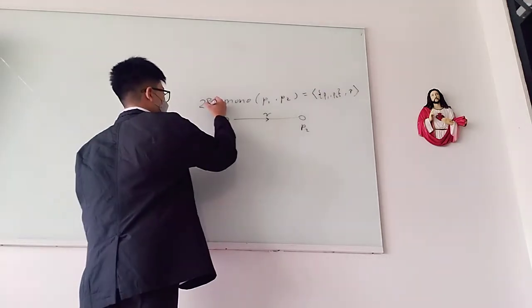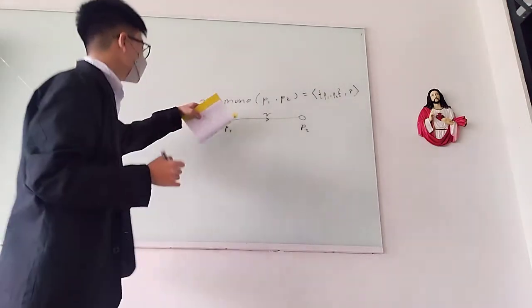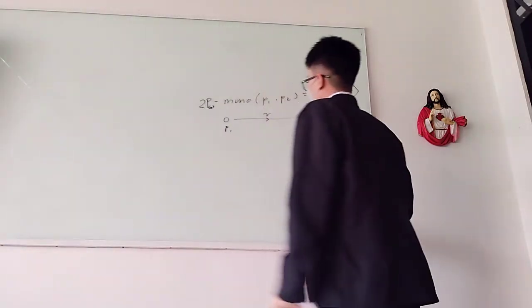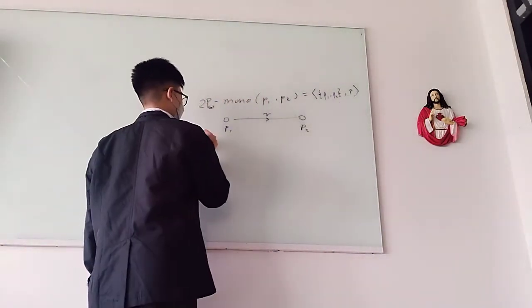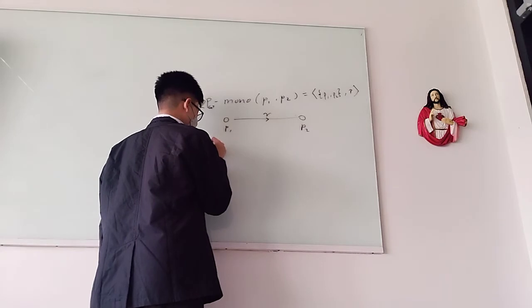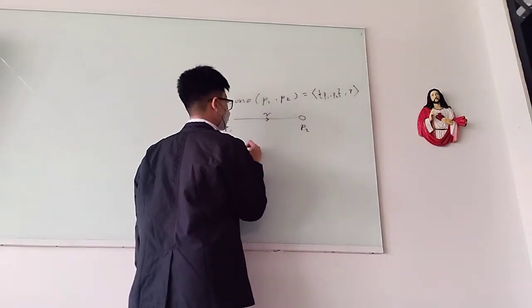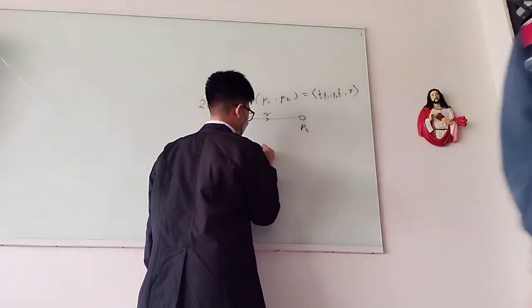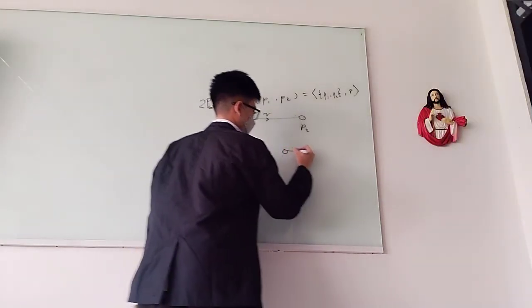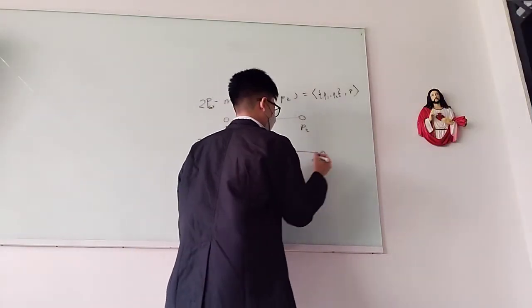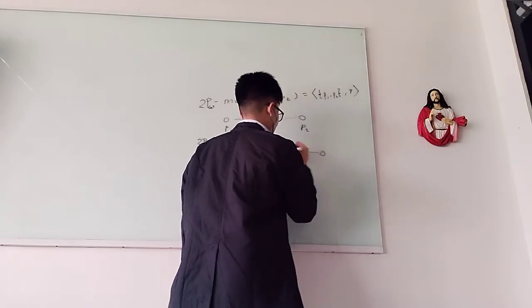That would now be 2P GT mono. And then the second type, this one here, is a 2P GG relationship, mono P1, P2. So the give-give relationship is an undirected graph now.